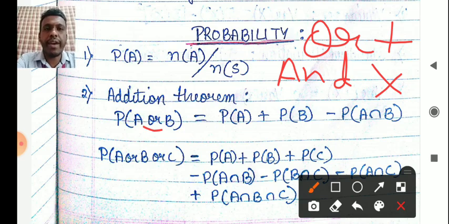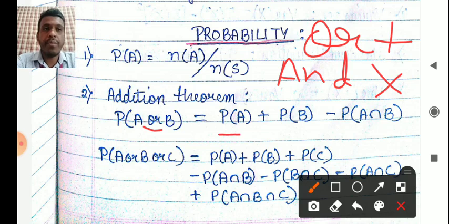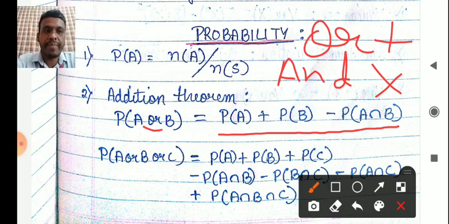So probability of A or B, event A happening or event B happening, is equal to probability of A plus probability of B minus probability of A intersection B. How this formula has to be used, we'll see when solving the problems.